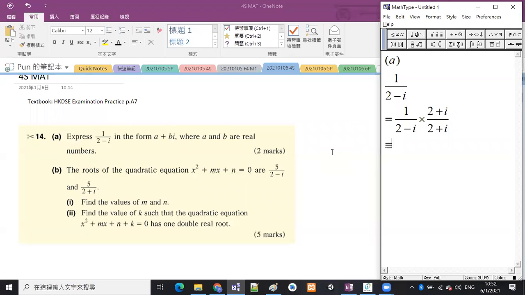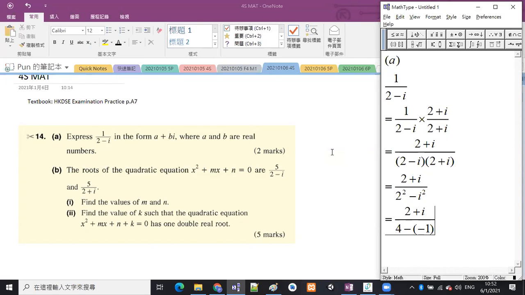Then you just multiply top to top, so that should be 2 plus i, and bottom to bottom, 2 minus i times 2 plus i. There's nothing to do on top, and in the bottom it is always a square minus b square, and the i square is always changed to negative 1. Just remember this, and then we will have 2 plus i over 5.